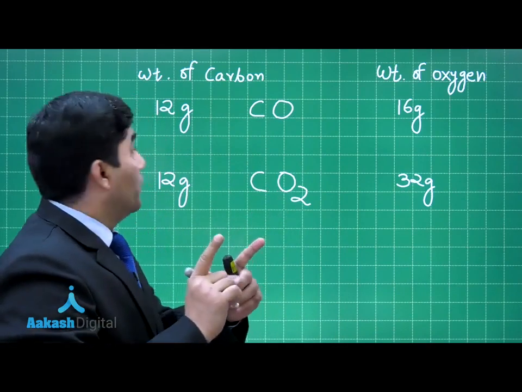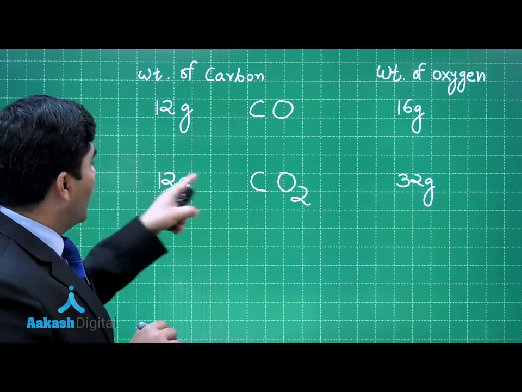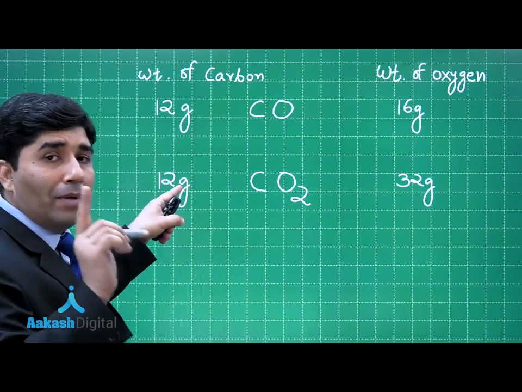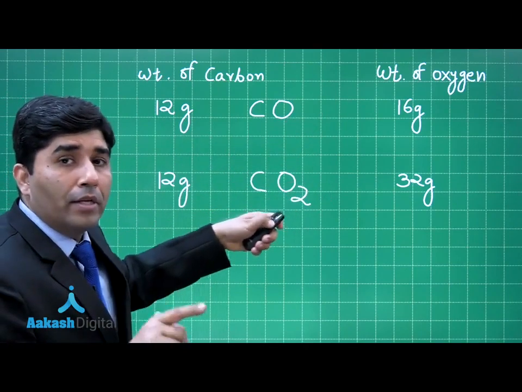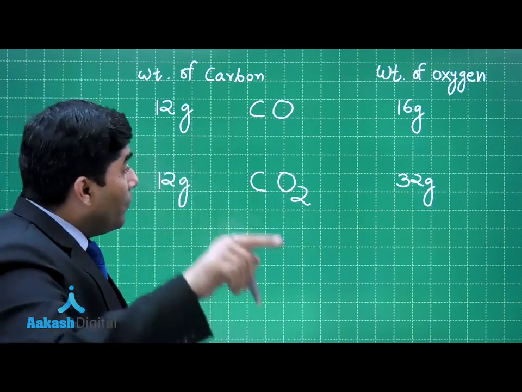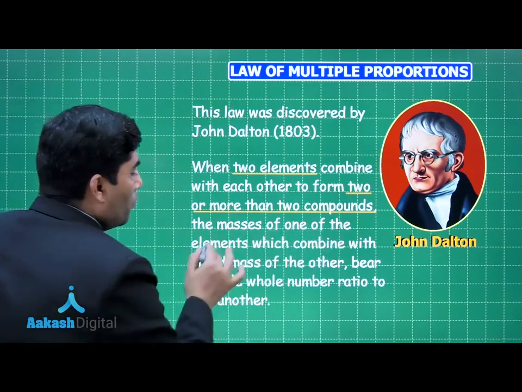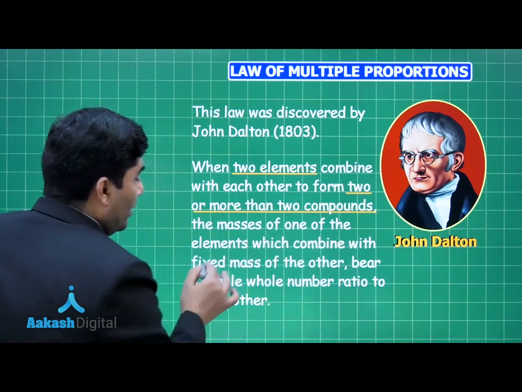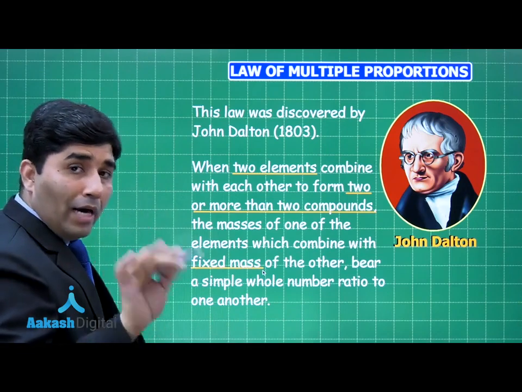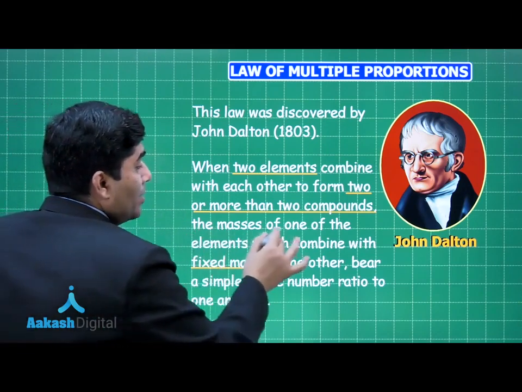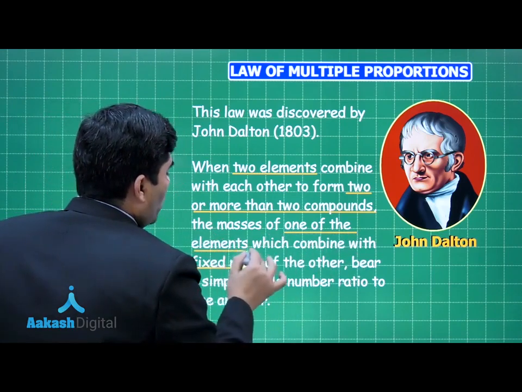Now look carefully. In carbon monoxide we are having 12 gram. In carbon dioxide we are having 12 gram. Means the mass of carbon is fixed and we are taking the ratio of the masses of the oxygen. Now as per the definition, the masses of one of the elements which combine with a fixed mass. This fixed mass is of carbon and the one of the elements is oxygen.